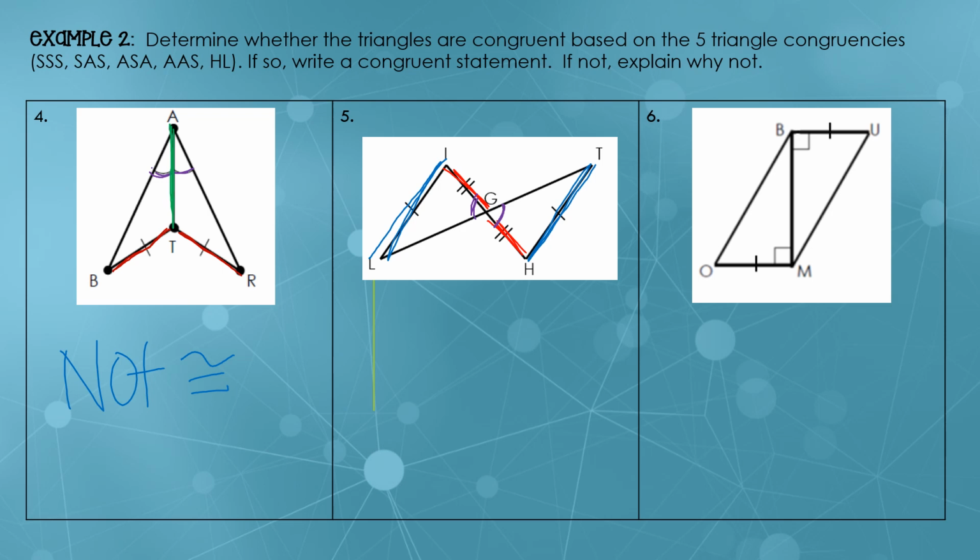The only congruence that works with two sides and one angle is potentially side angle side if the angle that we have touches both sides. It's got to be included or in between the two sides. So the angle that we have only touches IG and HG. It does not touch LI or HT, so it is not the included angle, so these are not congruent.